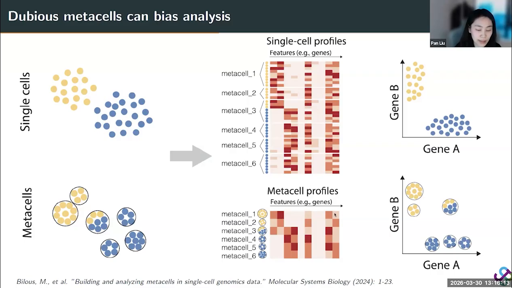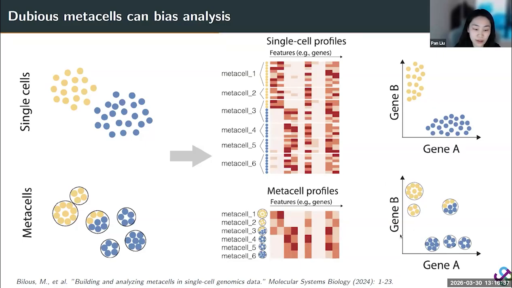So here, if in our analysis we're interested in studying the association between gene A and gene B, which is a very common and important analysis for single cell data, you can see that based on the single cell level data on the top right, there is in fact no association between gene A and gene B, at least no positive one for sure.